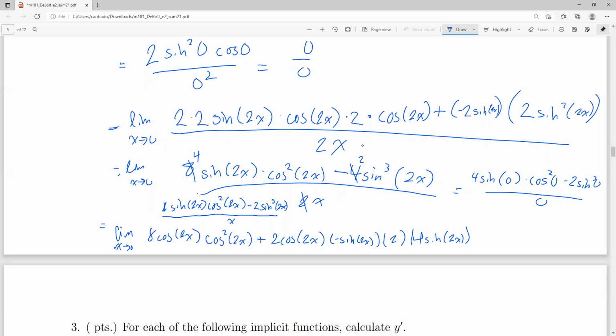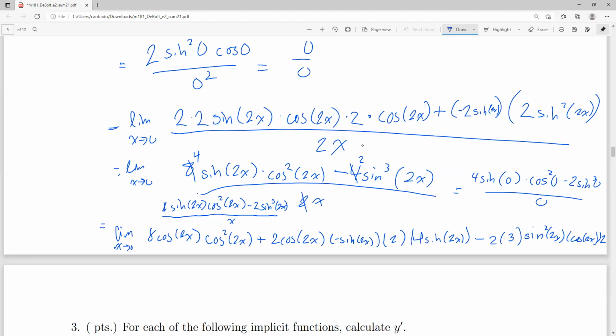Then we have to subtract the derivative of 2 sine cubed of 2x. That'll be power rule again, so it'll be 2 times 3 sine squared of 2x times cosine of 2x times 2.